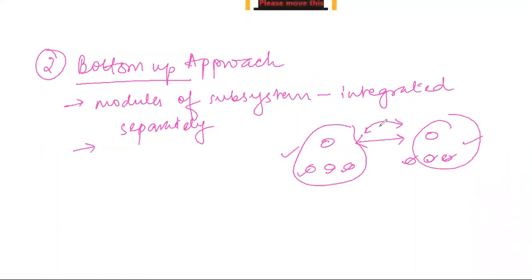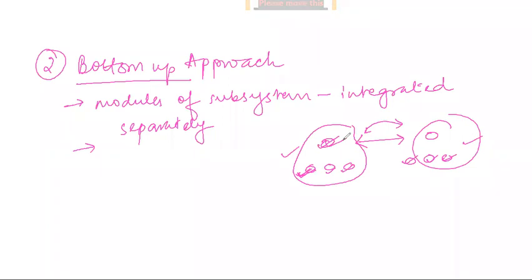Okay. In the bottom up and top down approaches, the concept is the same, but the procedure is, as the name suggests, first the lower level modules are tested, and then we combine and test the higher level modules.